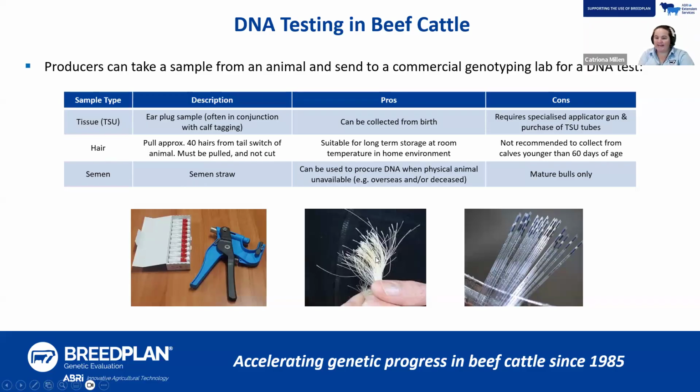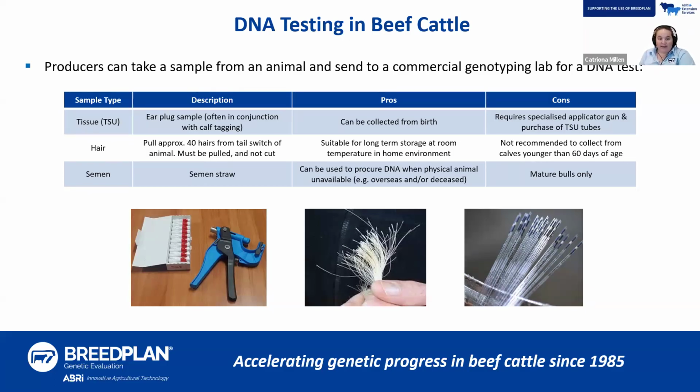Another common sample type we're seeing is hair. You pull approximately 40 hairs from the tail switch. They need to be pulled, not cut, because the DNA is actually in the root follicle, which you can see at the top of the hair sample here. The advantage of those is that they are suitable for long-term storage at home at room temperature.